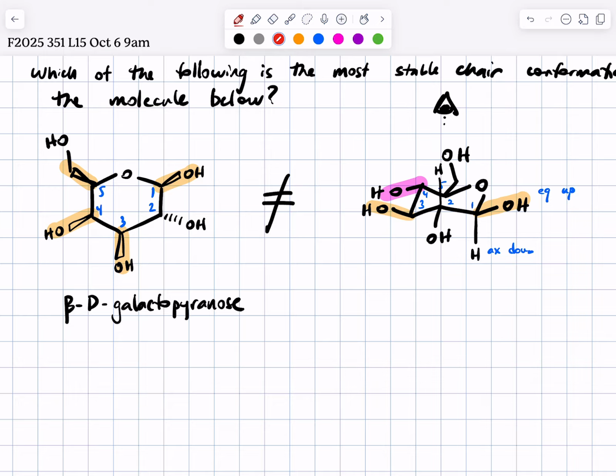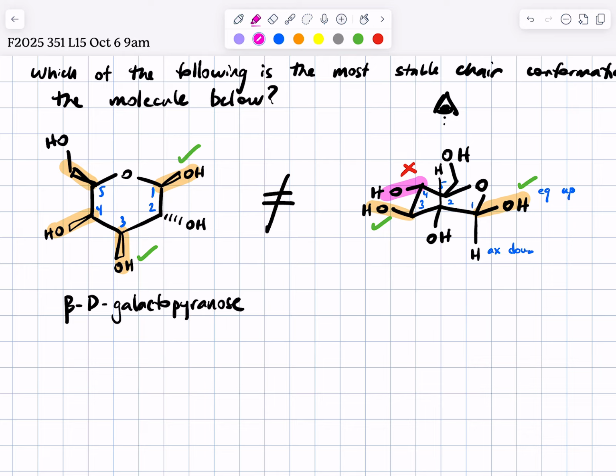It's up here, but it's down here. So even though this group was right, and this group was right, we found a mistake. Those are not the same compound, okay?